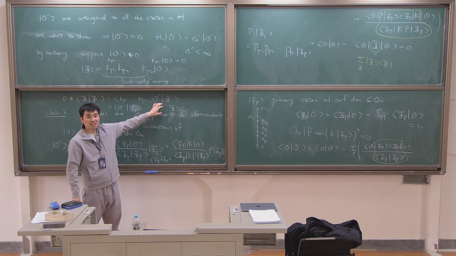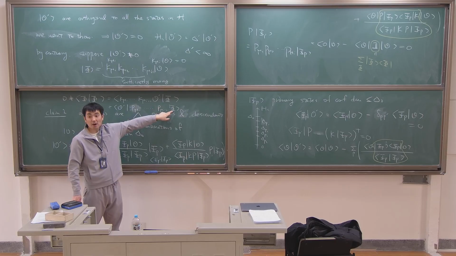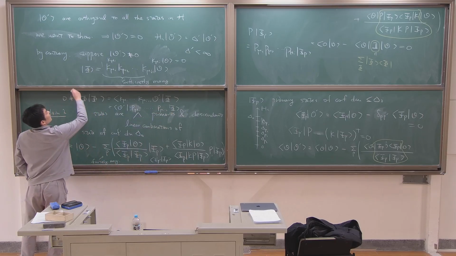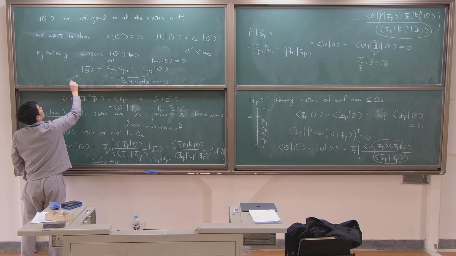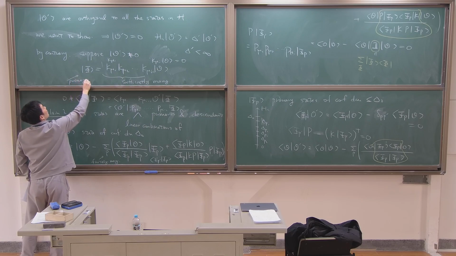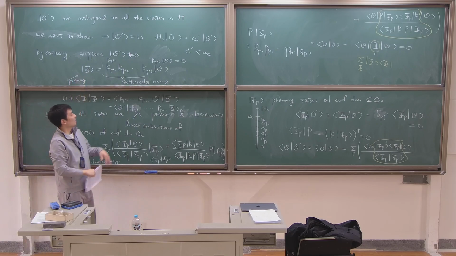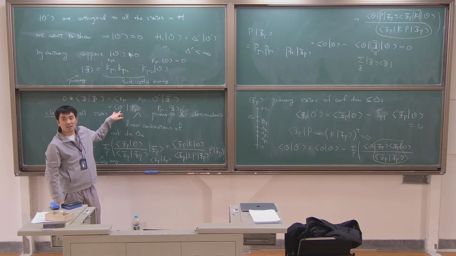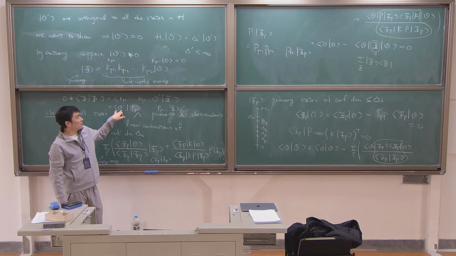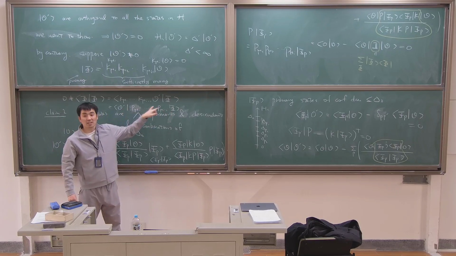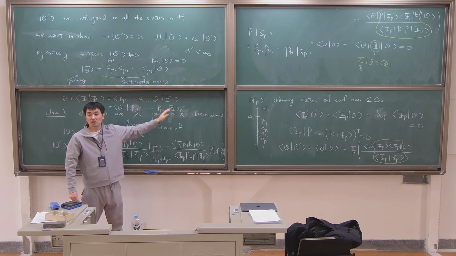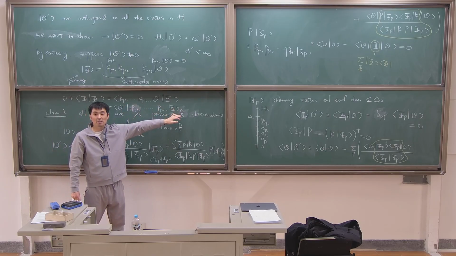But now this is just a descendant. Phi is the primary state. The inner product of O prime with this descendant: phi is a primary state and P acts many times on the primary state, so this is a descendant.